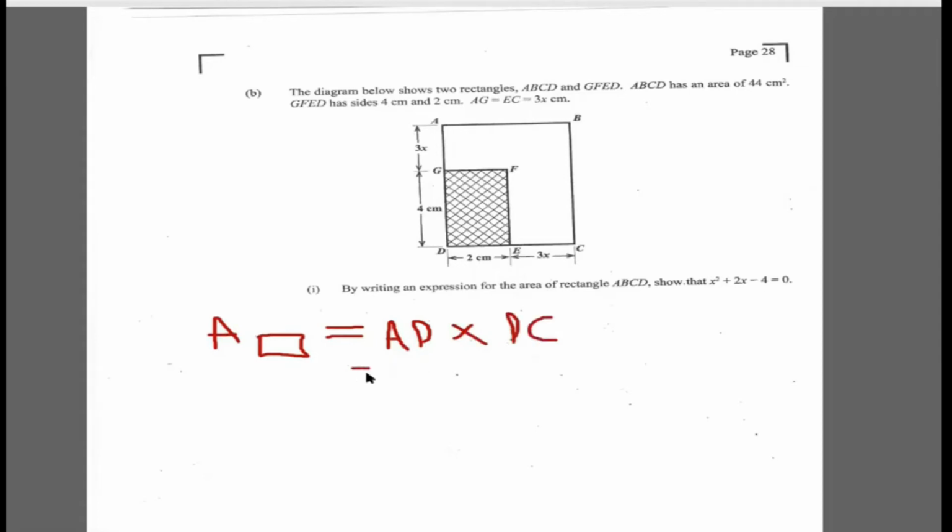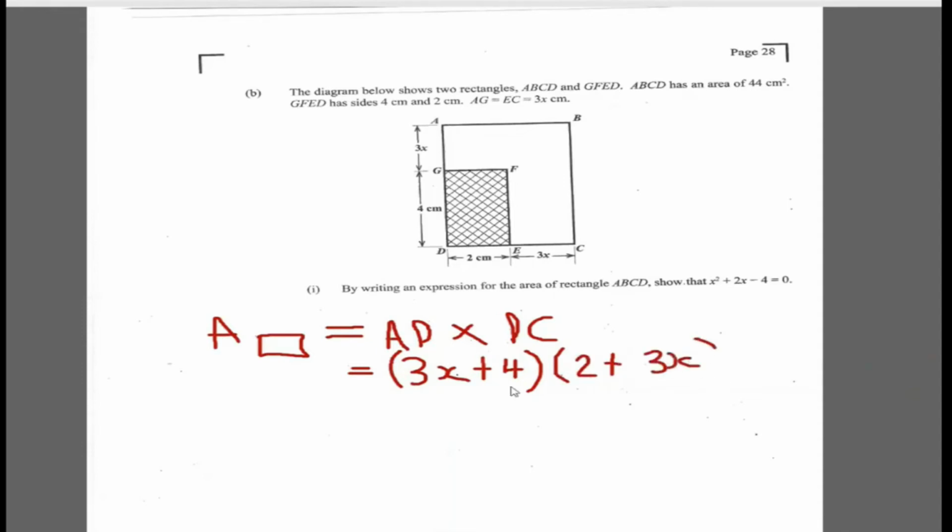Now the length AD is equal to from A to G plus from G to D, so the length is going to be 3x plus 4. That's AD, 3x plus 4, times DC. And DC is going to be 2 plus 3x. This is the area of the rectangle.